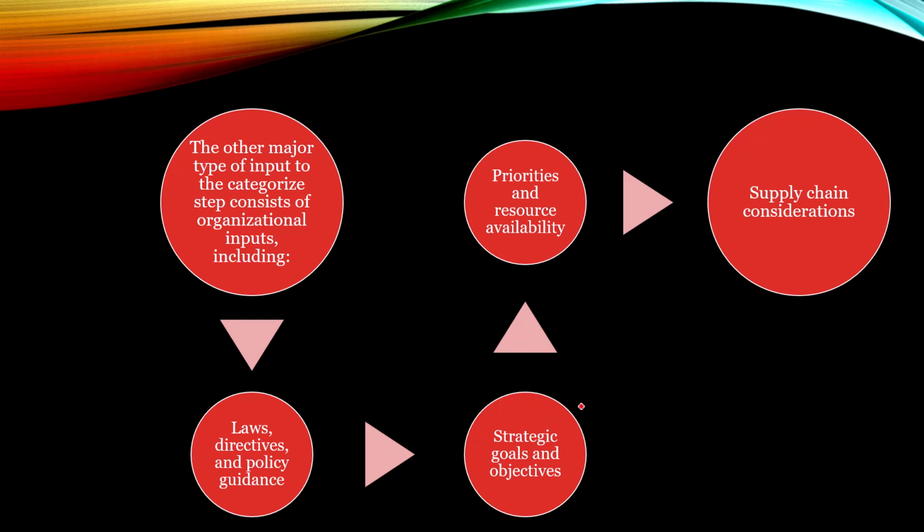So strategic, this is going to be goals from the organization. The priorities and the resource availability, that's going to be things like budget and management priorities based off of vision.